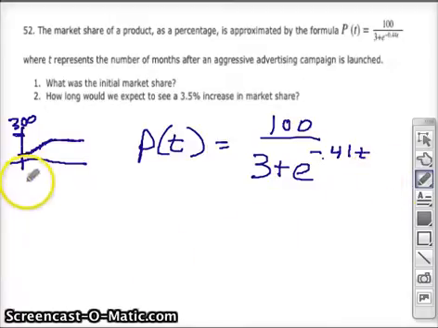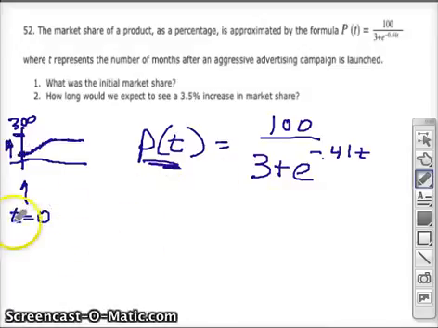When we're talking about initial market share, we're talking about this y right here. So it's this value, that's market share. The initial is right here where it started. So time is 0.